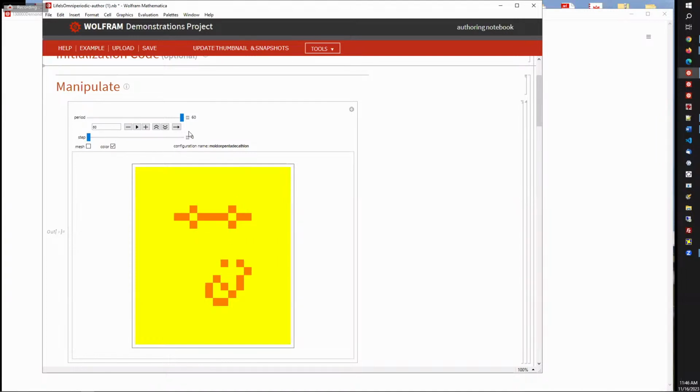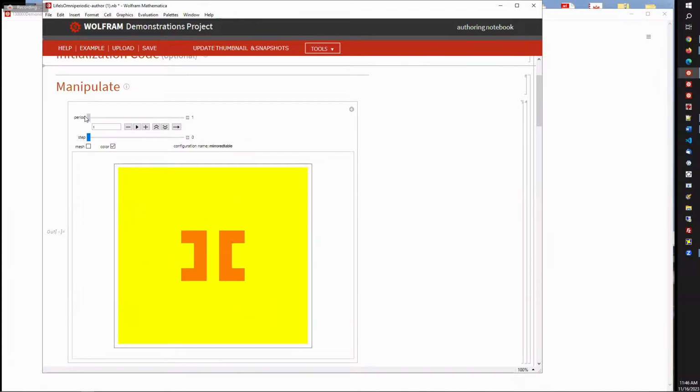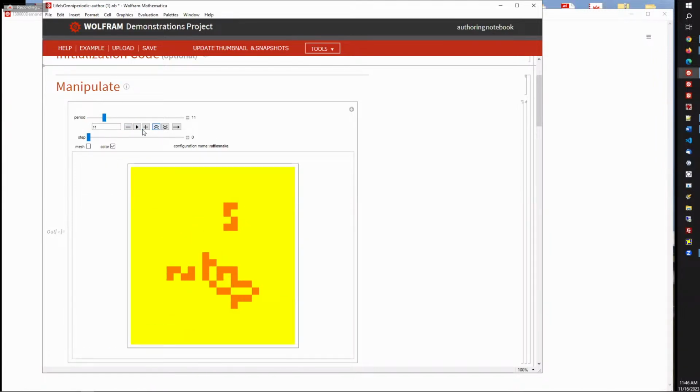So as of 5 years ago, there were 2 values that were not known. And then earlier last year, the last 2 oscillators were found. And this demonstration has oscillators of all of these lengths from 2 to 60.